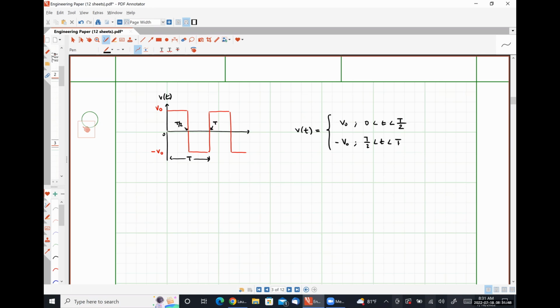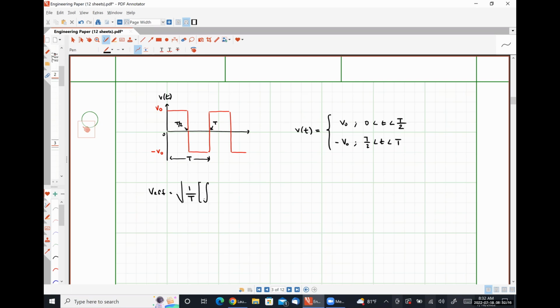The effective value of our voltage would be given by the square root of, actually 1 over the period. So this is going to be 1 over capital T times the integral over one period. And since we have a piecewise function, I'm going to break up my integration.